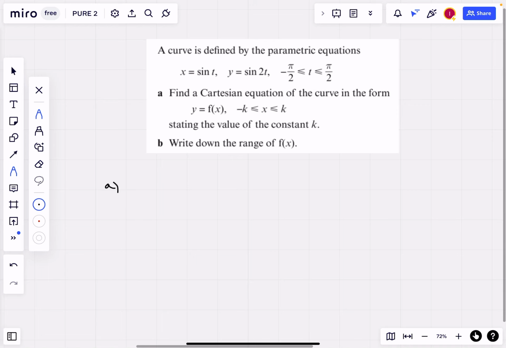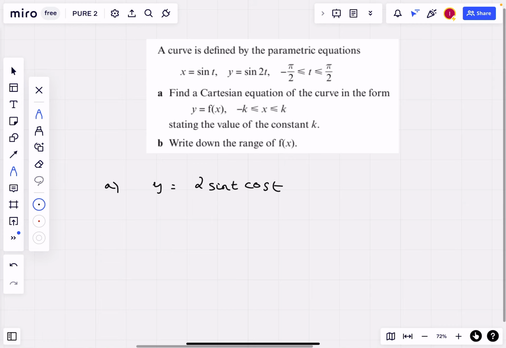For part A, your y parametric involves sine 2t. And there's only one formula you can use for sine 2t. That's your double angle formula, right? When you use your double angle formula, you get this.